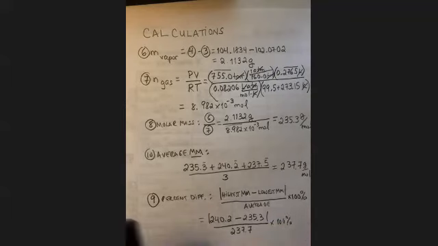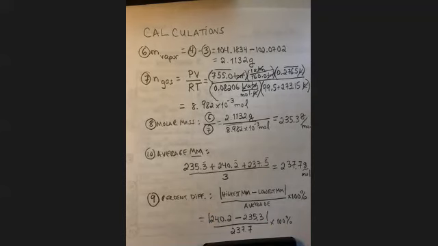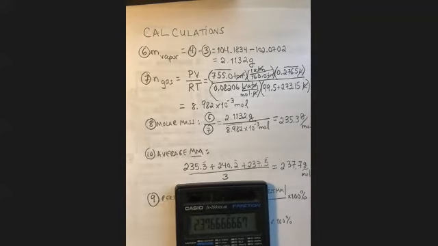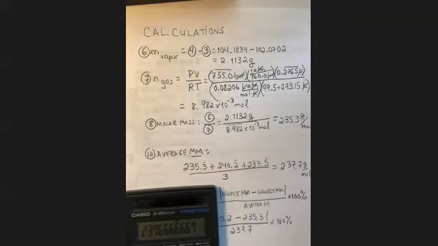All right. So let's see how this works. You got to be careful with the sig figs here. So I'm going to block this for a moment here so you can see the display here. And let me move it to the side. Okay, so we have 240.2 minus 235.3, and we get 4.9.